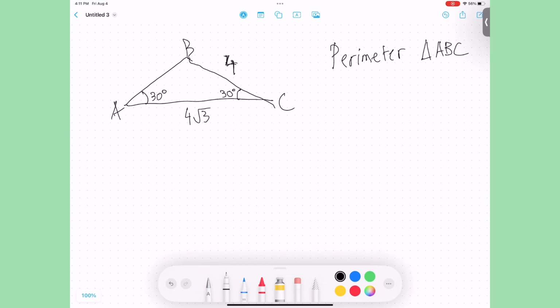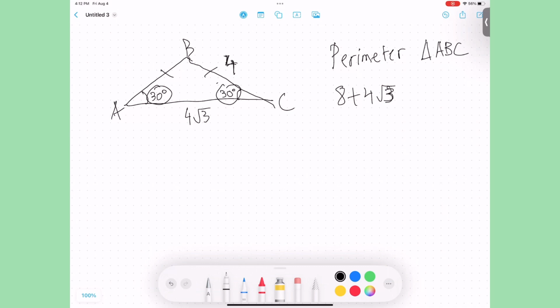Okay. We'll go over the answer right now. If you did it correctly, you should be getting something like this. This is because it's an isosceles triangle, right? If this is 30 degrees and so is this, then if this is 4, then this should also be 4, because that's the definition of an isosceles triangle.